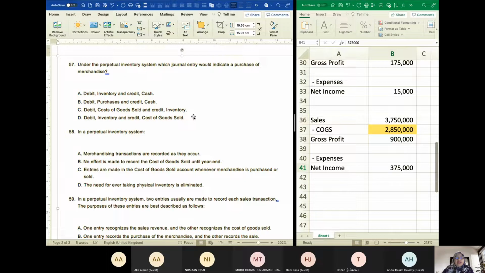So now I have A and B. Which one will I cancel out? I think B is wrong, because purchases is under which system?